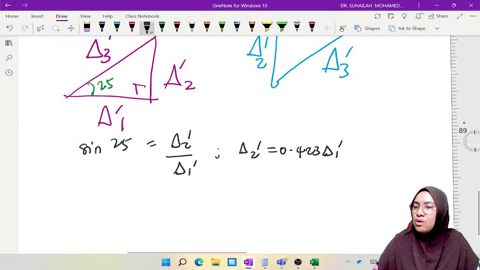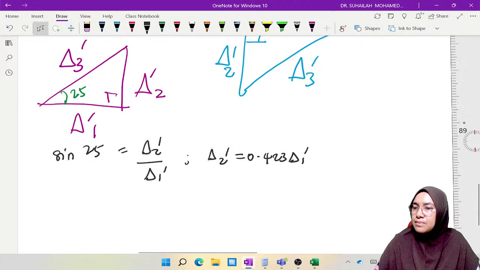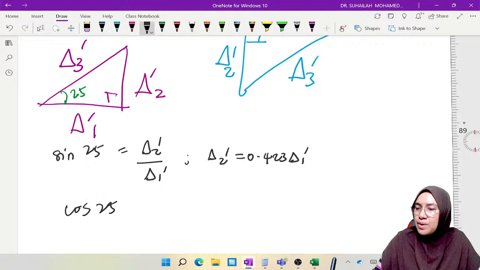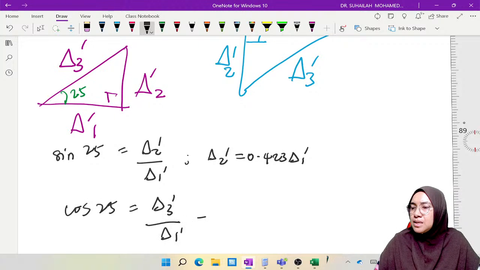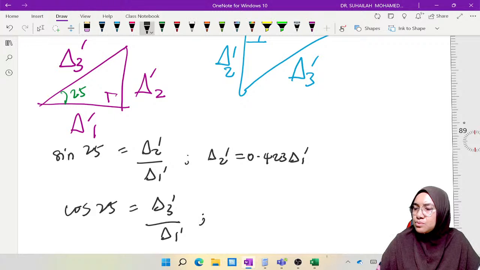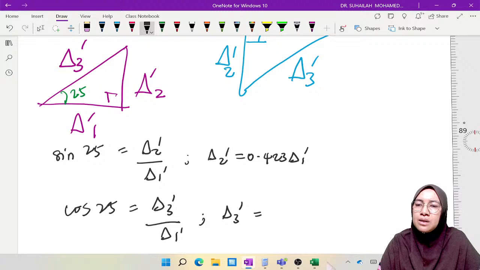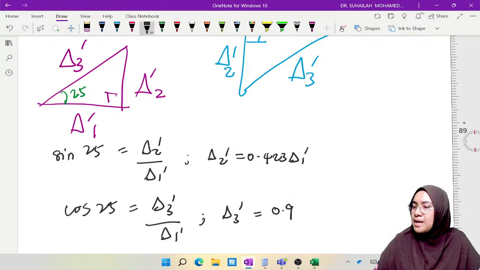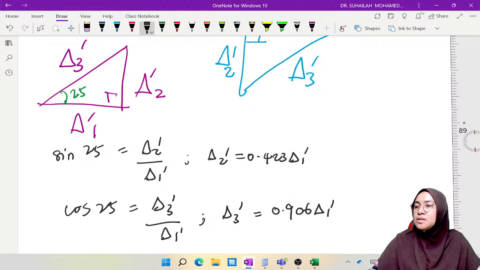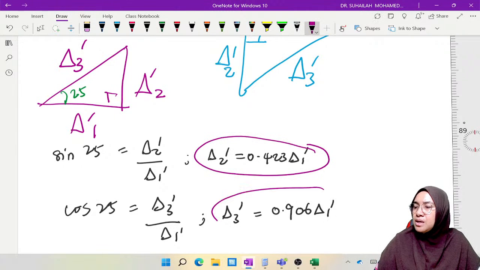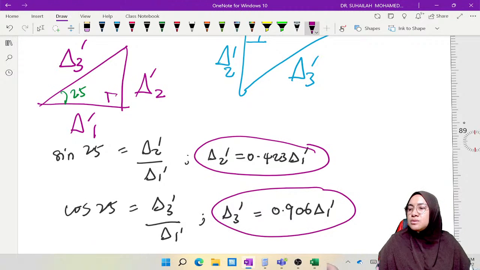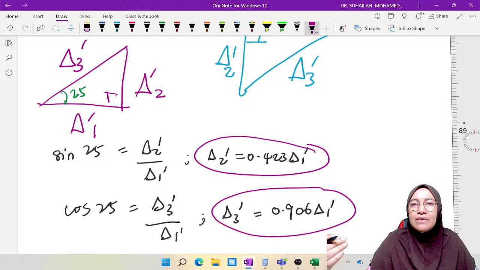And for cos 25, it is delta 3 prime over delta 1 prime, so delta 3 prime equals cos 25, which is 0.906 delta 1 prime. This will be the value that we should use in order to calculate FEM for AB, BC and CD.